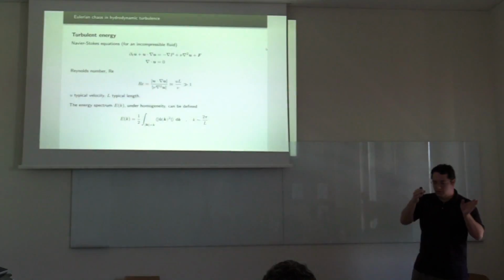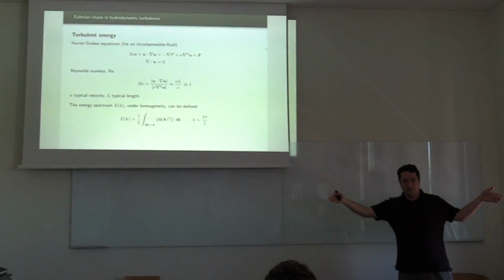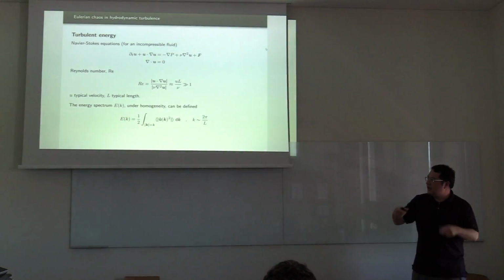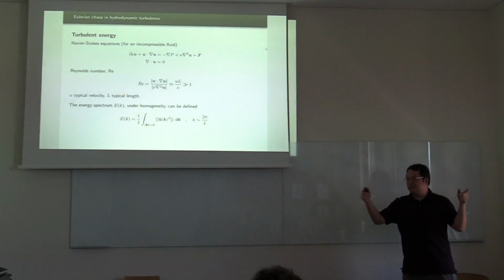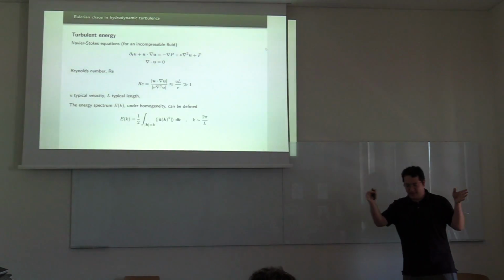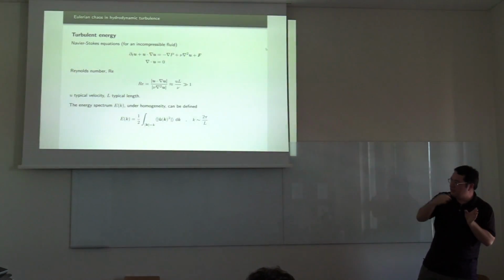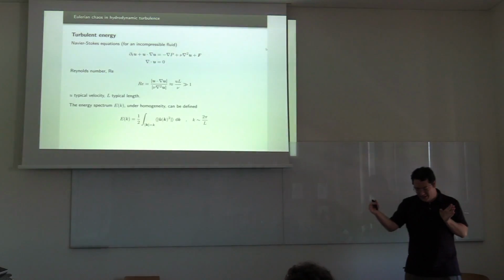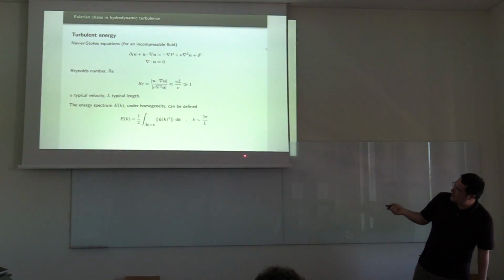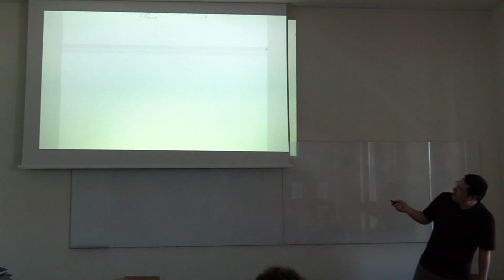So when I say low k, I mean the largest scales. When I say high k, I mean the smallest scales. So if E(k) is high at low k, that means the energy is dominated by the large scales, and if E(k) is large at high k, then it's at the smallest scales.